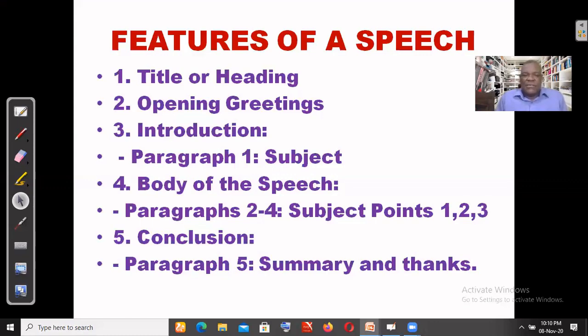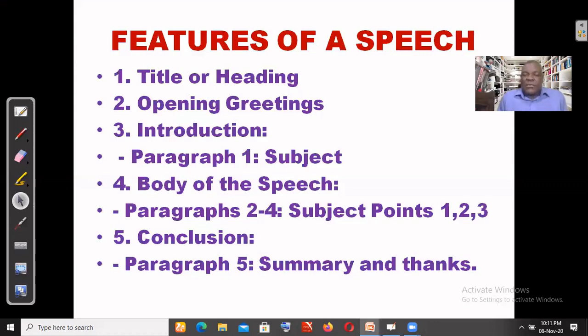But at least it should be not less than 3 points. That's why this is the minimum. Paragraphs 2 to 4, subject points 1 to 3, at least, or more.